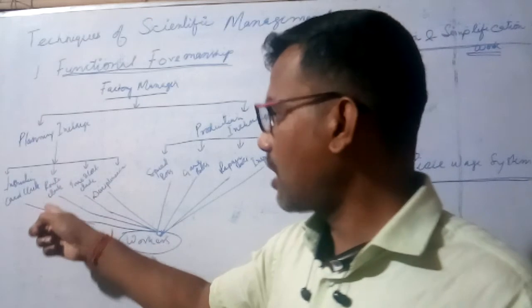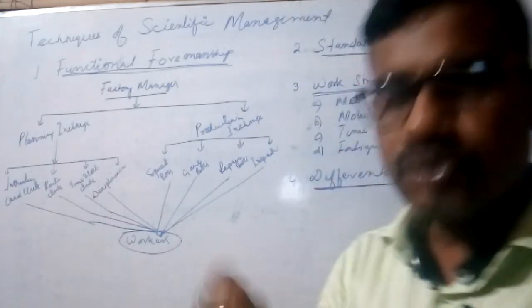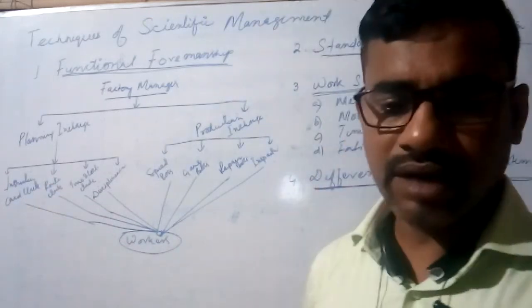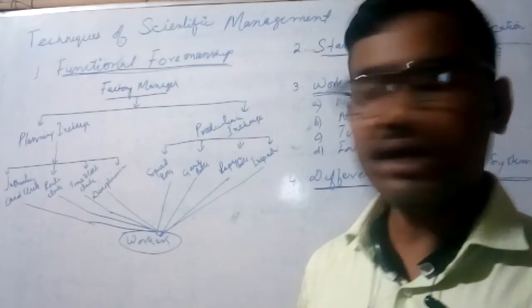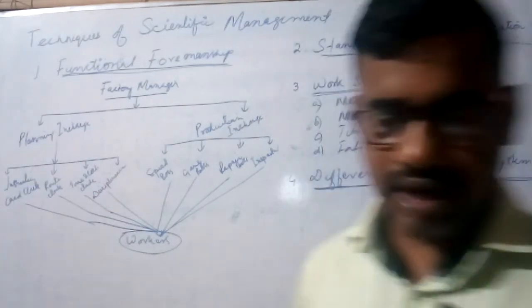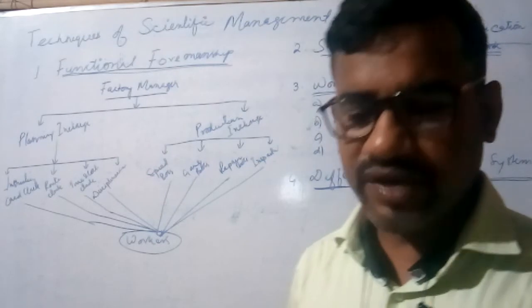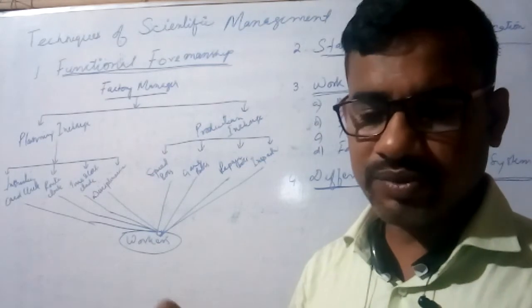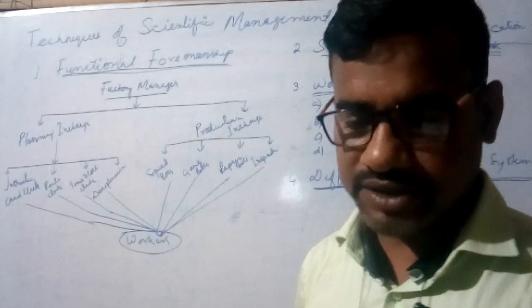Similarly, the second clerk is the route clerk, who decides what route should be taken for doing the particular work instructed by the instruction card clerk. The route clerk specifies the route of production.